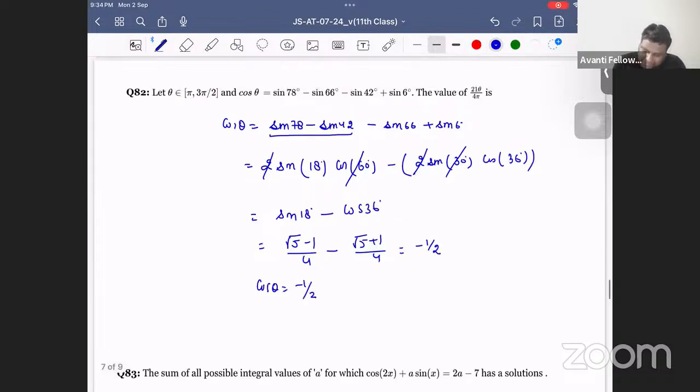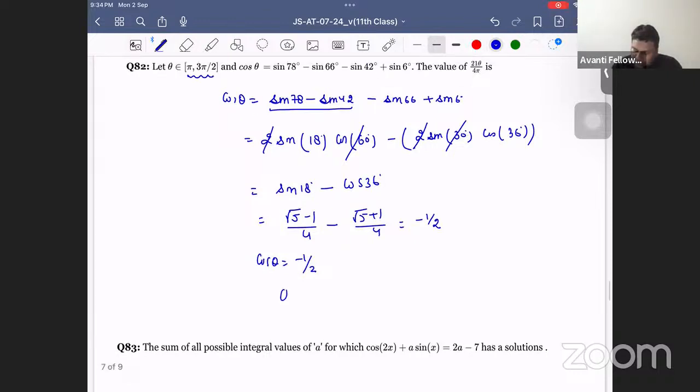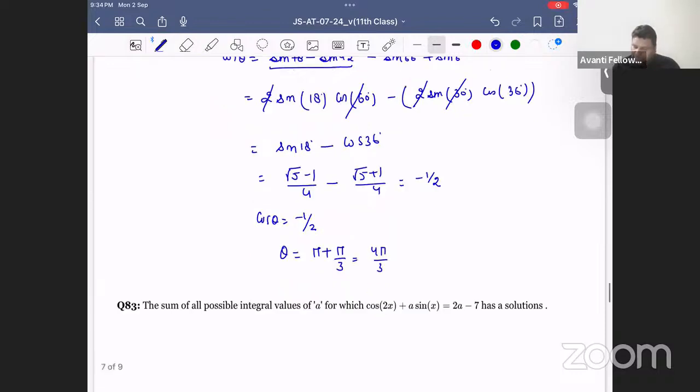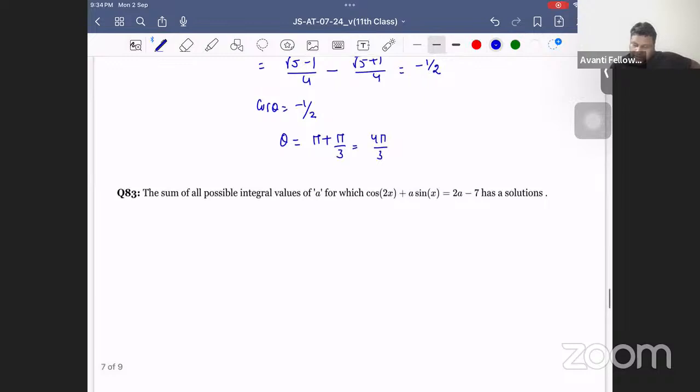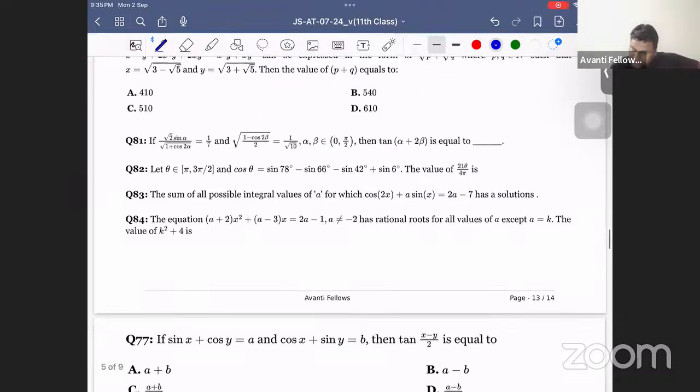Now they are saying theta lies in pi to 3 pi by 2. That means theta is what? Pi plus pi by 3, that is 4 pi by 3. Got it? Now whatever they are asking, you may answer that confidently. Now, next is, see, 83 is also a good question.